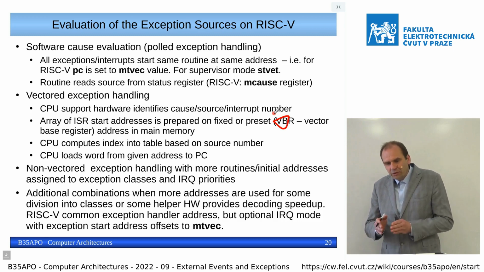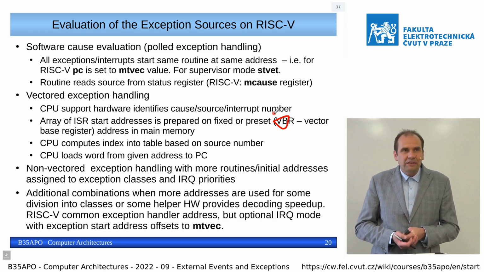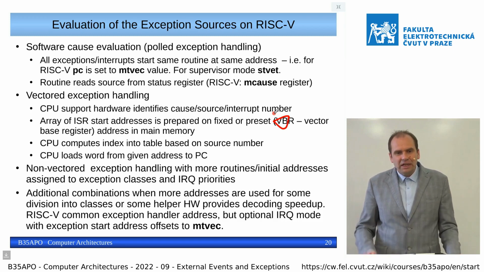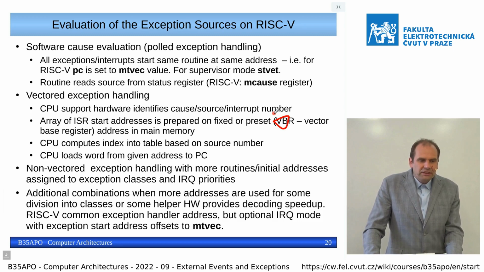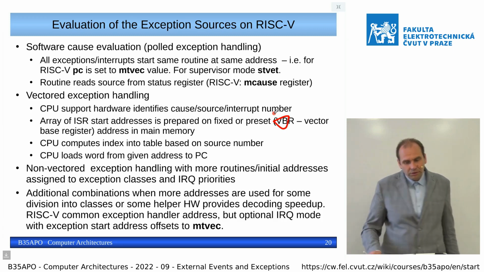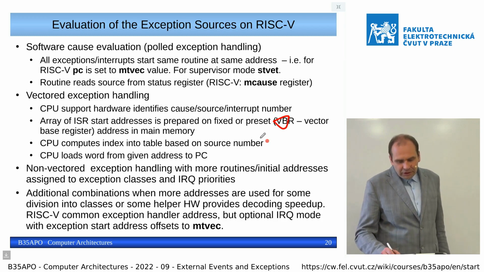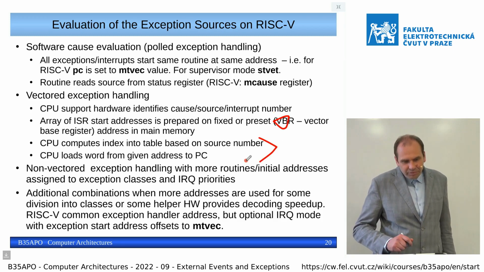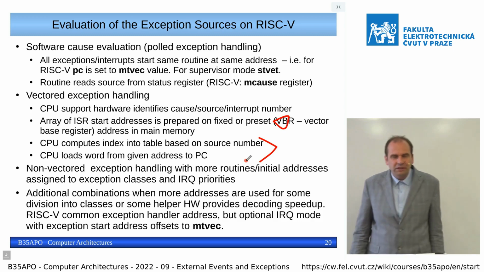Then it is followed by another 4 bytes for what should happen at some exception cause. Then there is an area where directly the address is where the interrupt from the serial port and from the controller area network controller and so on should be processed. So basically you have vectors in this case, which gives you a much faster path to the actual routine which processes a given event.